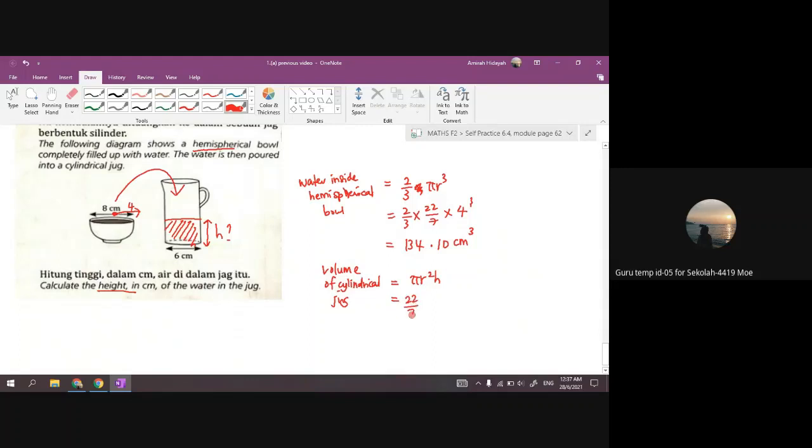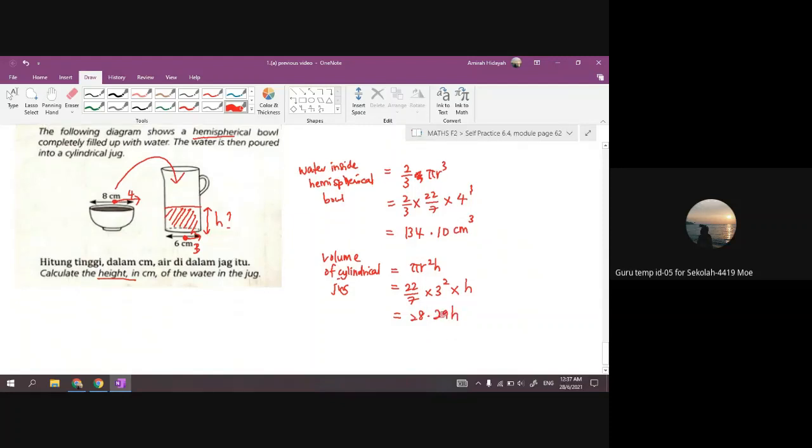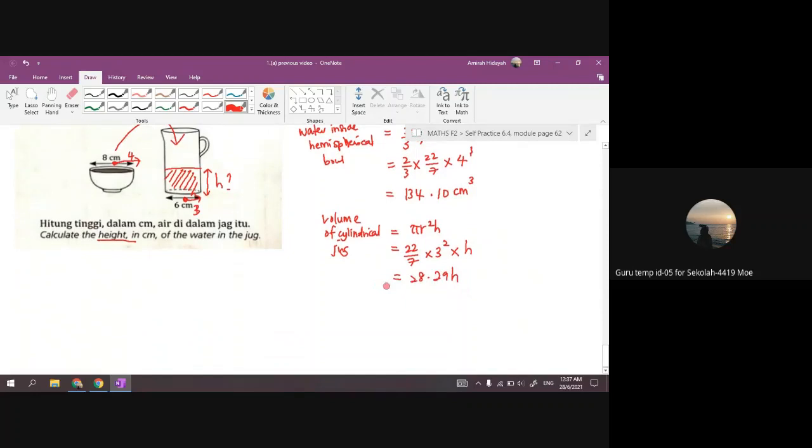So pi 22/7 times radius untuk cylinder ni 3, right? Since diameter dia 6, so radius ni mesti 3. So 3 square times height of the cylinder. Okay, we do not know. So it's not given. So you get 28.29 H.